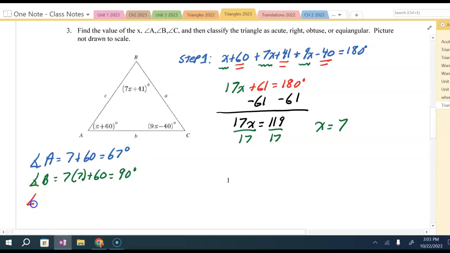And angle C is 9 times 7 minus 40, and using my calculator I get 23 degrees. So to classify this triangle, because there's a 90-degree angle, this is a right triangle.